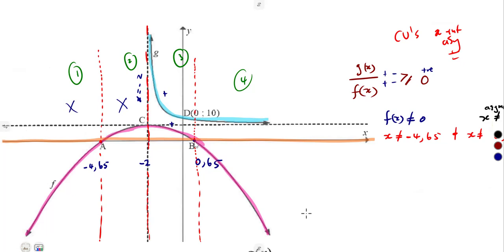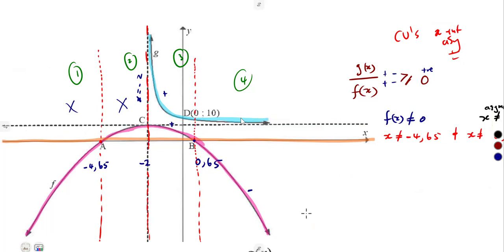From 0.65, the x-intercept at B there, F is now in the negative region below the x-axis. It is negative. Whereas our G is still positive on top. It cannot even go beyond the x-axis, as we have got an asymptote there. So it is limited up like that.